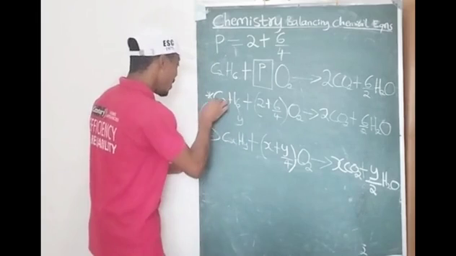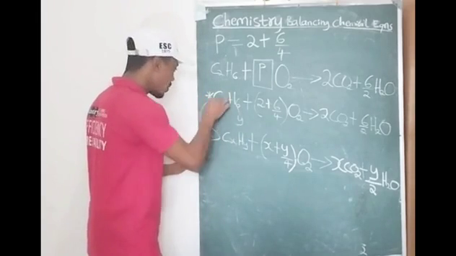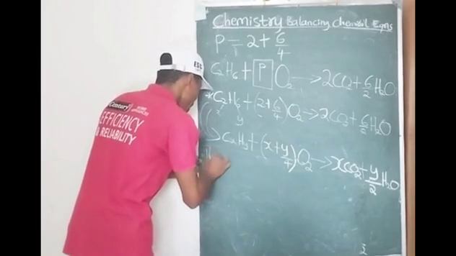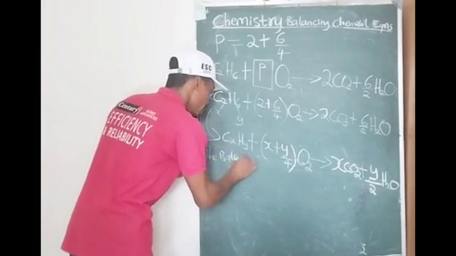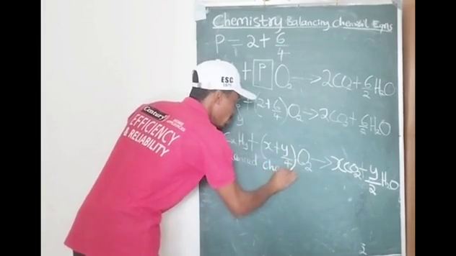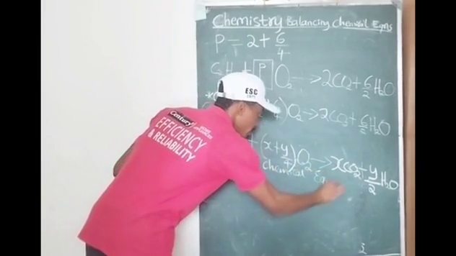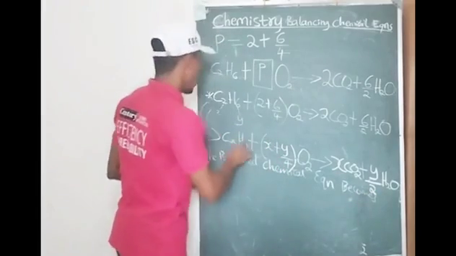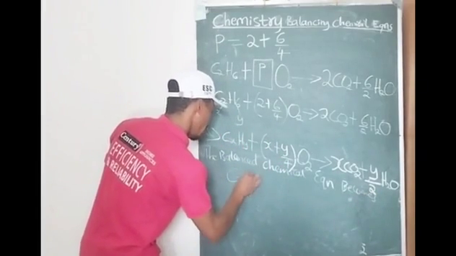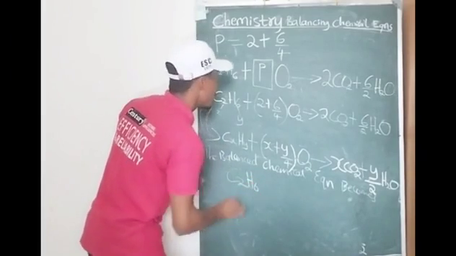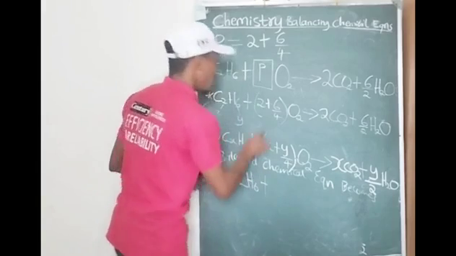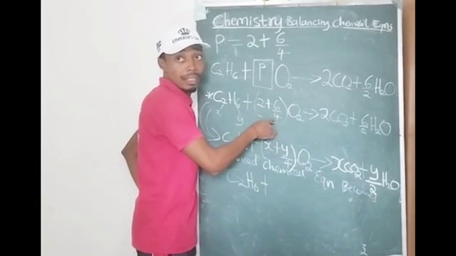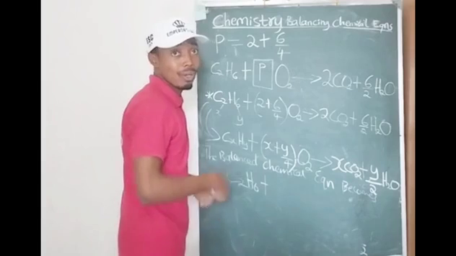All right, so from here, the balanced chemical equation becomes C2H6 plus, simplifying this, 2 plus 6 over 4, you know you're going to have 14 all over 4.